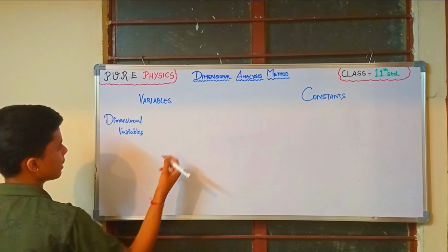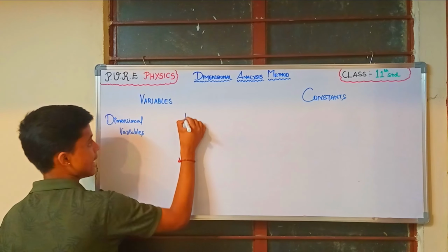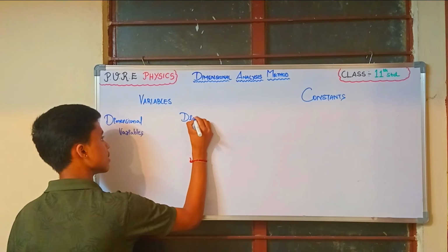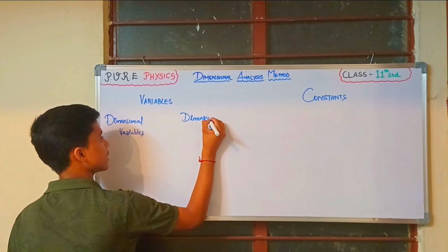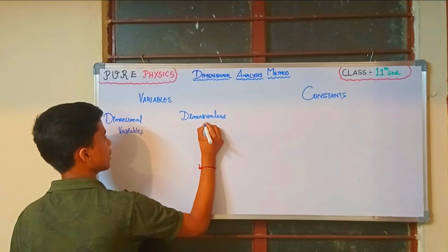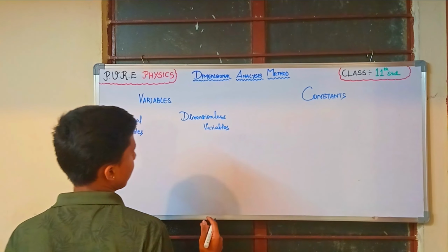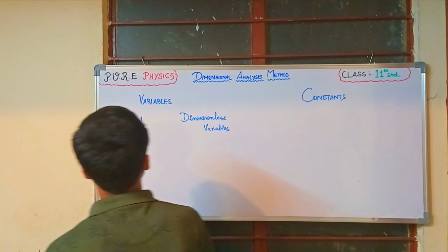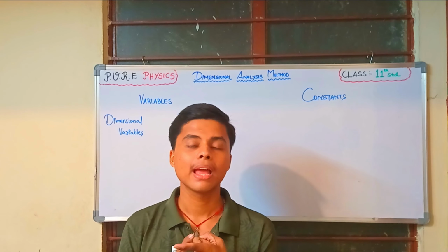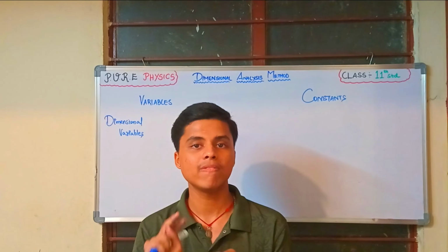What are dimensional variables and dimensionless variables? So here in dimensional variables, the physical quantity will contain the dimension as well as variable values.